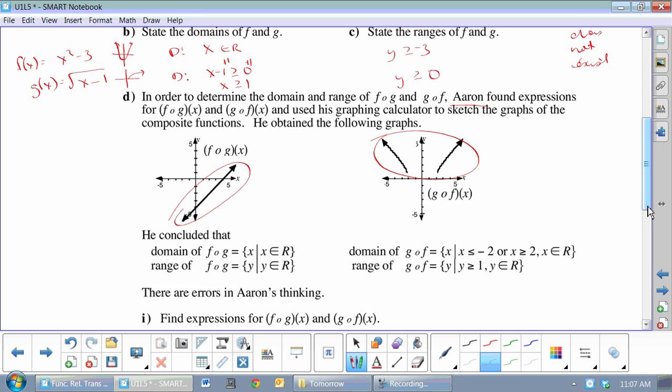Now, when we were doing yesterday's, this graph is very different than this graph. Okay? So what I'm saying is this graph is different than this graph.